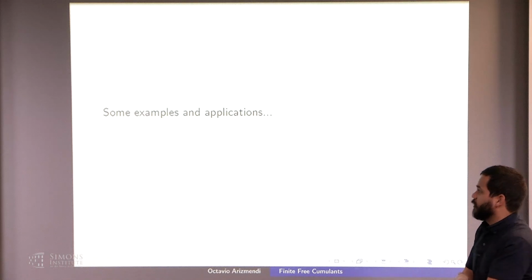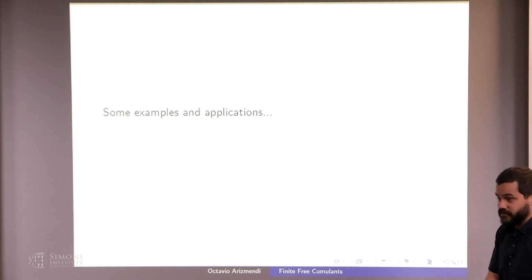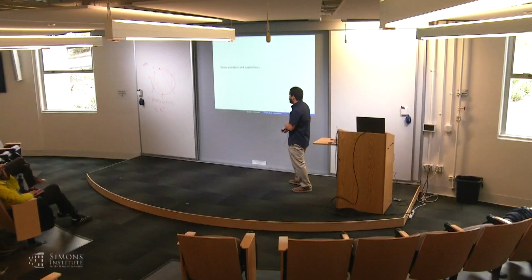So maybe we just finish with some applications and examples. Why are cumulants useful? A quick question: do you have finite mixed cumulants? There are no finite mixed cumulants because there's no finite free independence for the moment. Right?